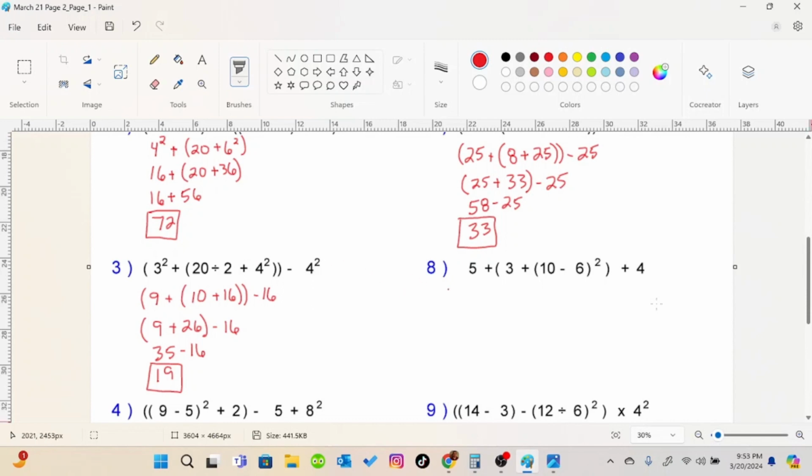Number 8. 10 minus 6 is 4. 4 squared is 16. 3 plus 16 is 19. 5 plus 19 is 24, plus 4 is 28. Final answer.